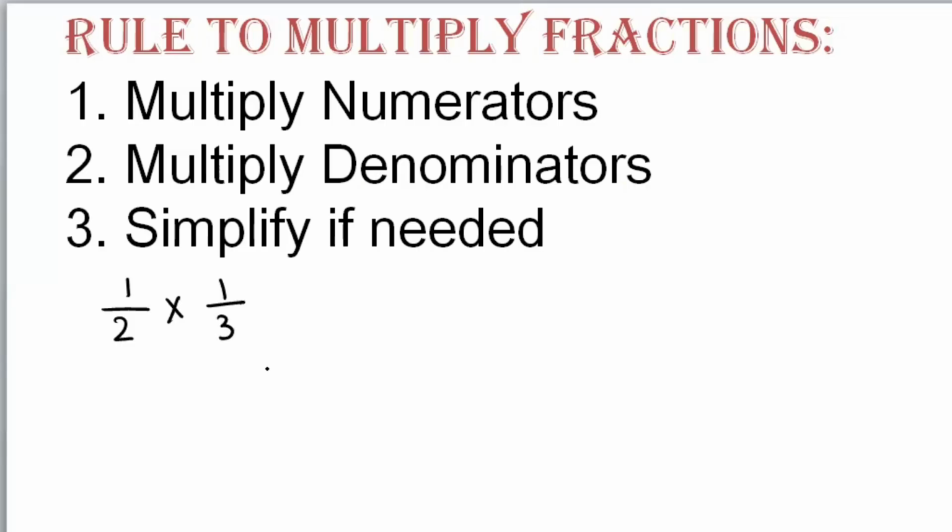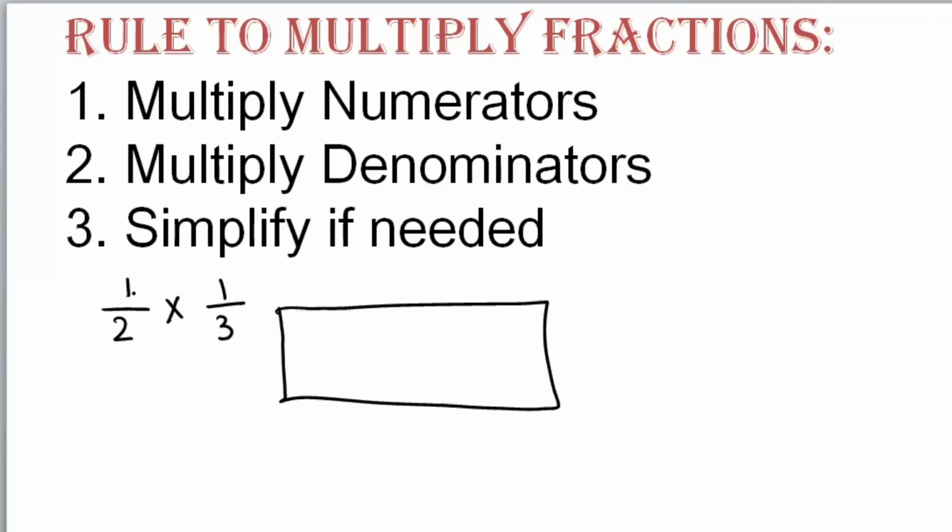If we take the diagram to make you understand, this is a diagram. The 1 over 2 means we first divide this into two equal parts, and out of two equal parts, one part is shaded.